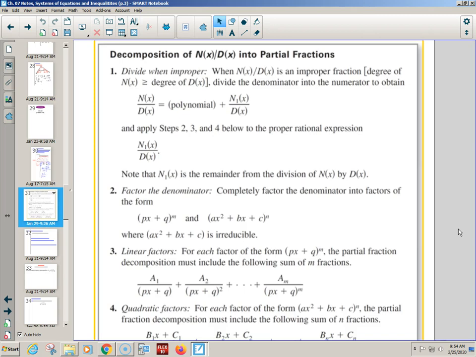So decomposing was to take something that was all put together and break it apart, something that we've actually done a few times this year. In that case, you could have had something like the square root of x squared plus 1 cubed minus 4.